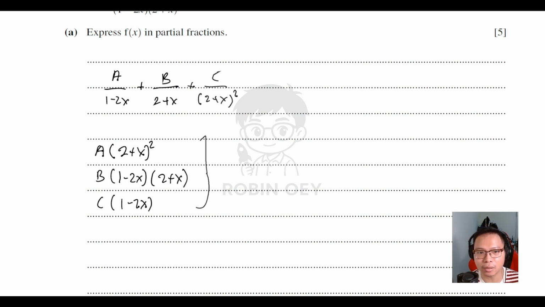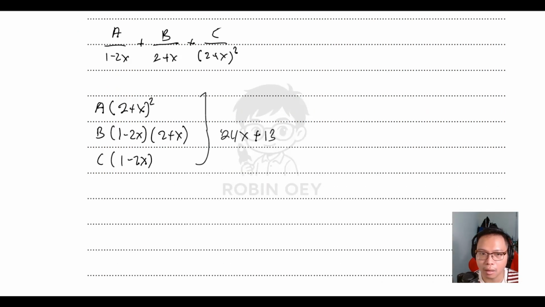This equals 24x plus 13. Now I want to make the bracket 0 by using x equals -2 first, and then x equals half.